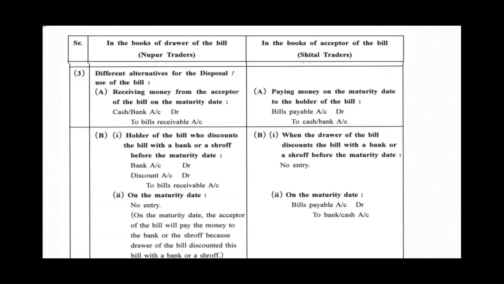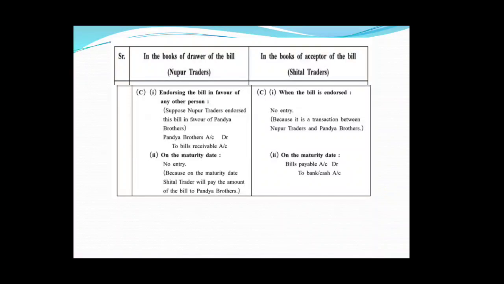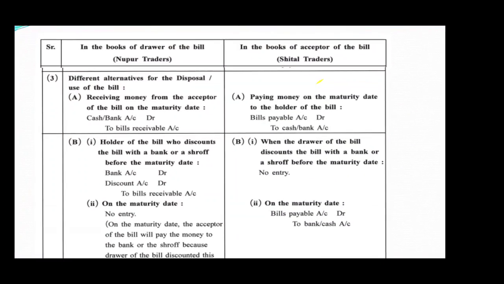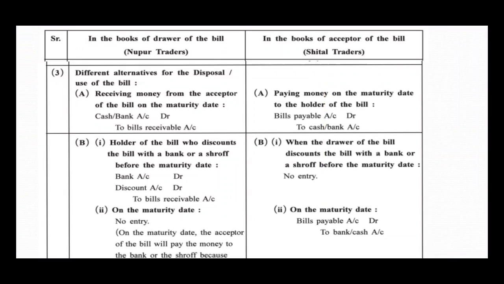Friends, this is the first situation, when the owner, that means the drawer, keeps the bill with himself till maturity date and receives payment from the drawee. So the entry for receiving payment will be cash/bank account debit to bills receivable account. And in the books of Sheetal, the entry will be bills payable account debit to cash/bank account.